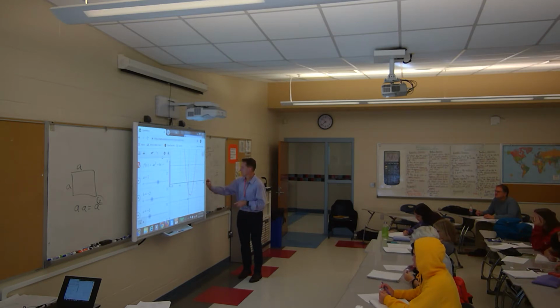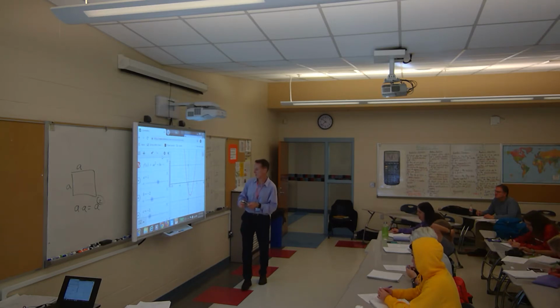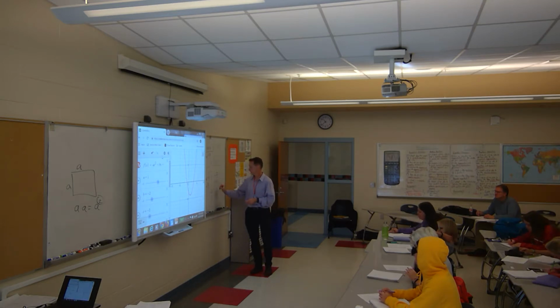All right. 2 squared minus 2 times 2 minus 3. So this is 4 minus 4 minus 3. F of 2 should be minus 3, right? 1, 2, 3. Perfect. F of 2 is minus 3.